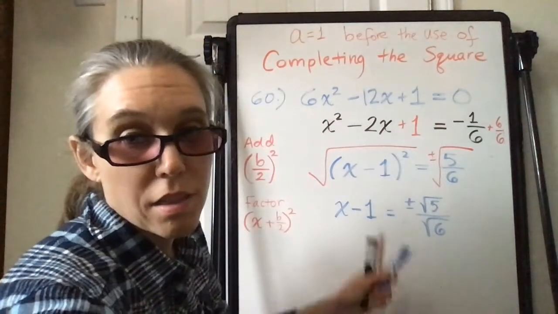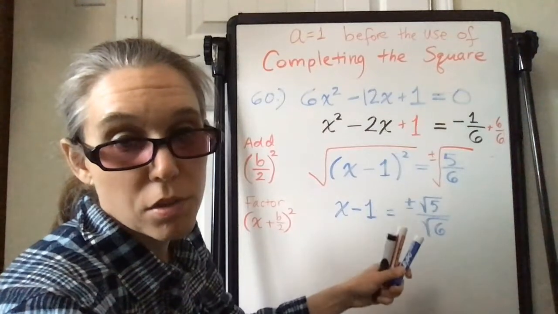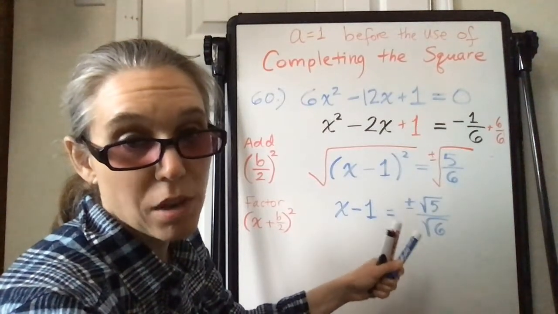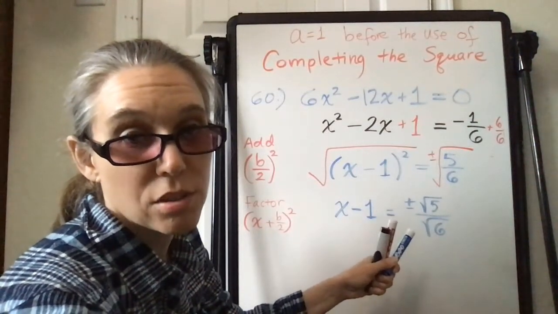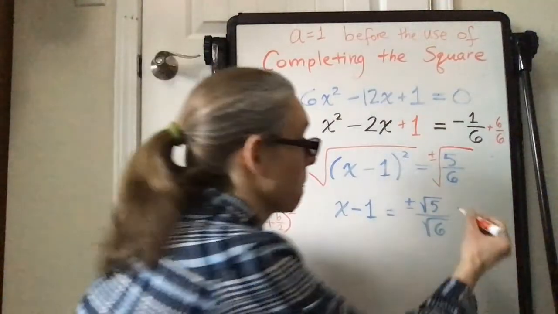Okay, now, this square root of 5 over the square root of 6 has an irrational denominator. So I need to rationalize this denominator.